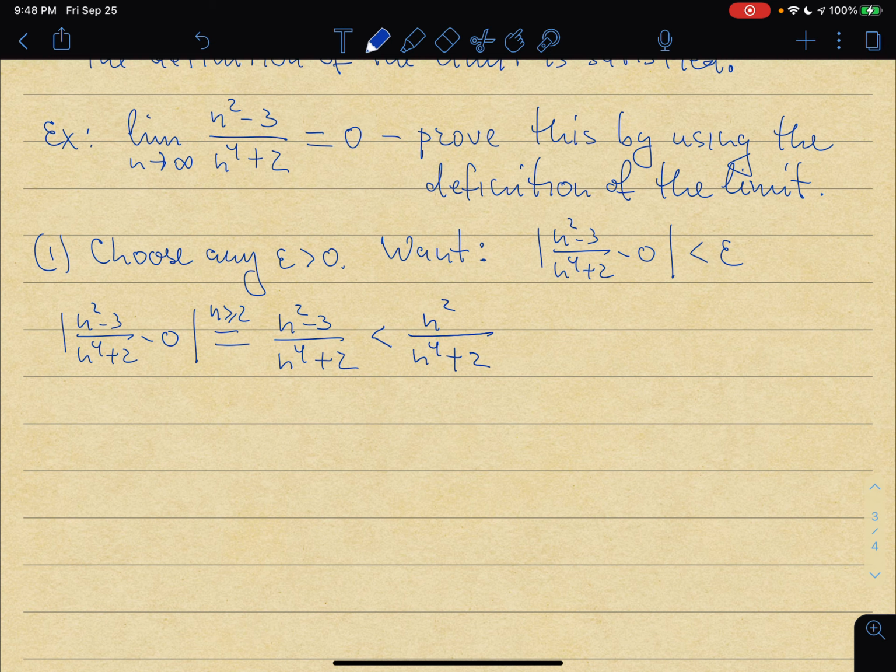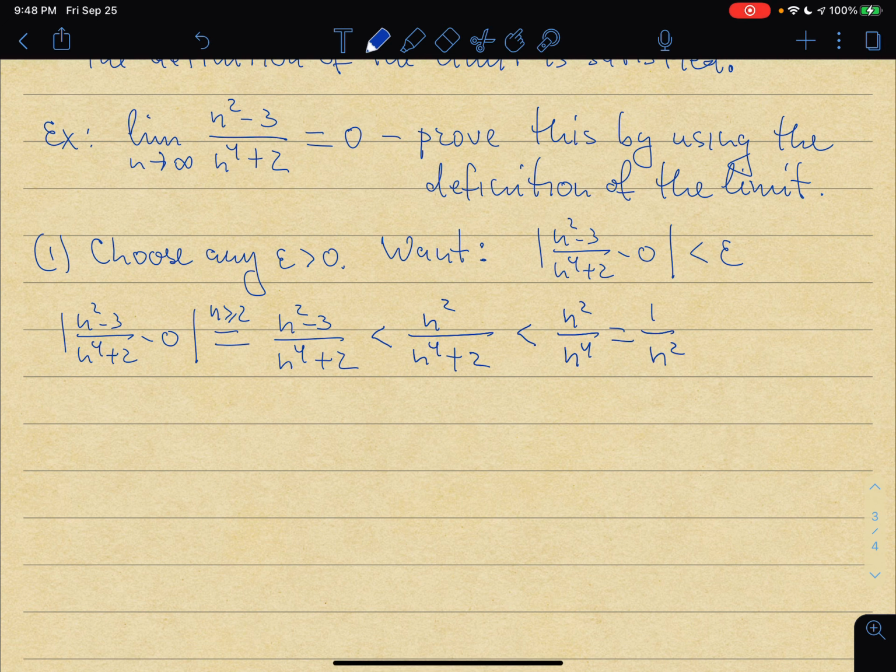And then if I take the plus 2, which sits in the denominator, and throw it away, then I'm going to make the denominator smaller, and if I'm making the denominator smaller, I'm going to make the ratio bigger. So this is less than n squared over n to the 4th. And then I can cancel n squared to get 1 over n squared.